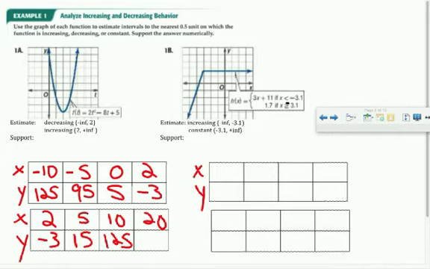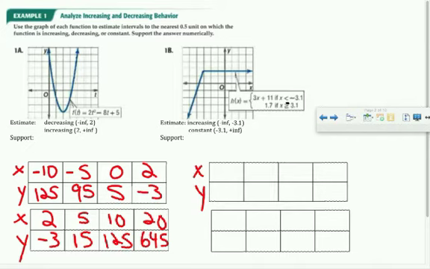And plugging in 20, I have 2 times 20 squared minus 8 times 20 plus 5, and that's 645. And the reason why that 10 gave me pause is because I had negative 10 having a function value of 125, and that seems a bit not quite right.